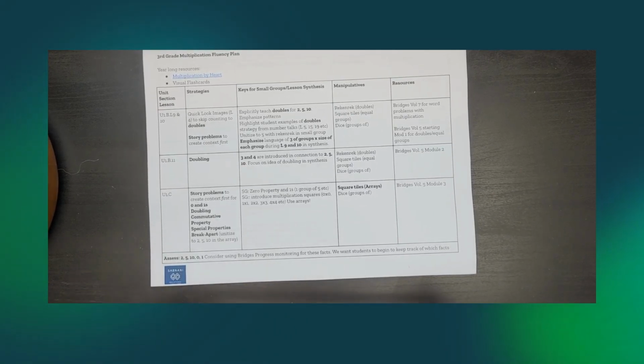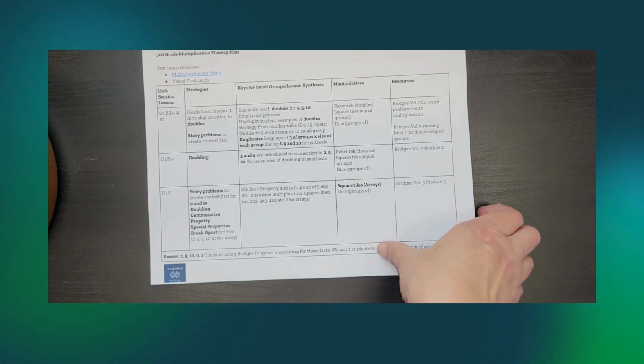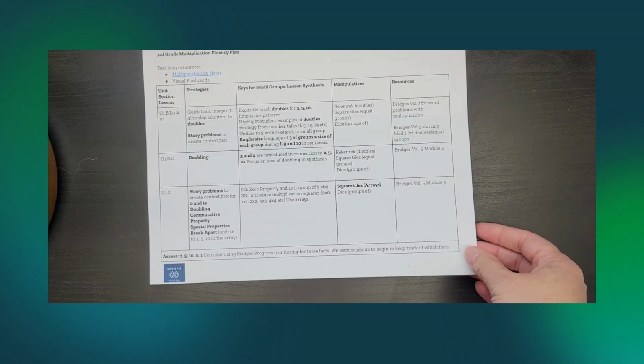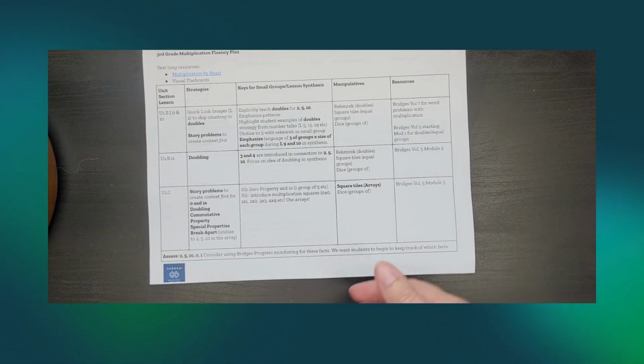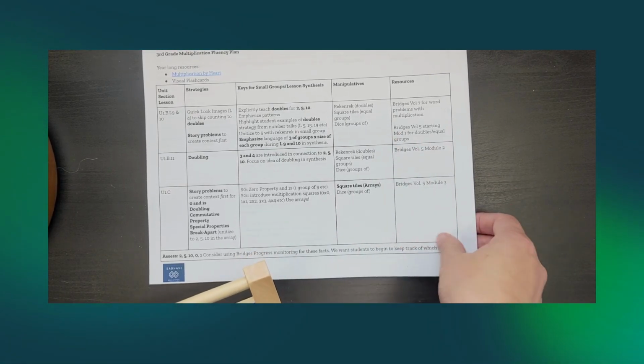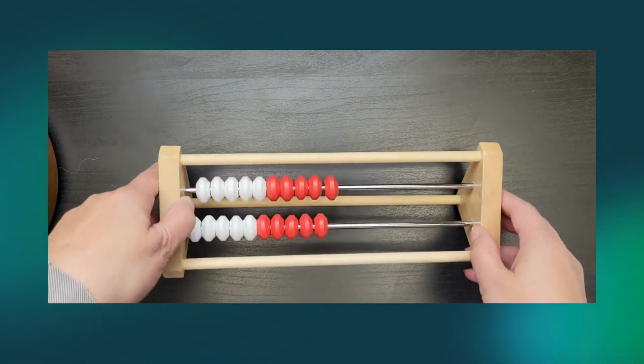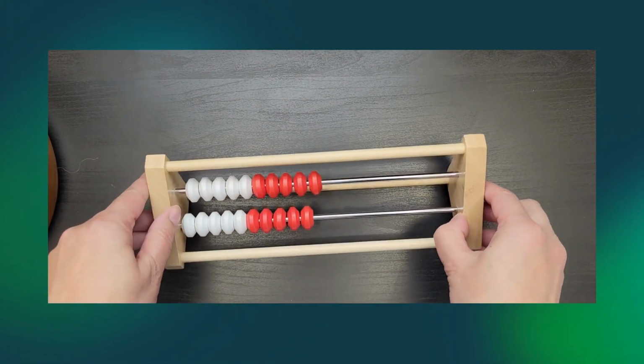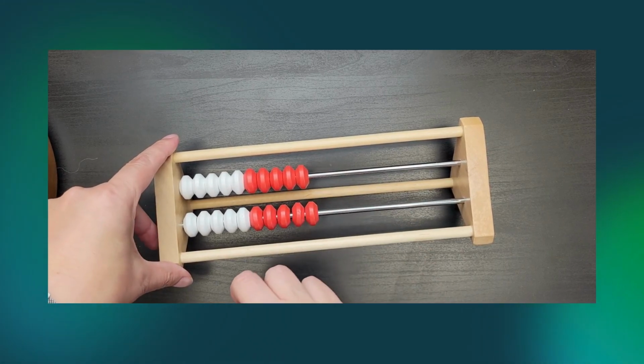Okay, so let's look at some manipulatives that we could use during Unit 1 in Grade 3 if we're considering our fluency plan. So one of the ideas that we want to think about is the use of doubles. So I really like using a couple of tools for that, one being the Rekenrek. So we can see in groups of 2.